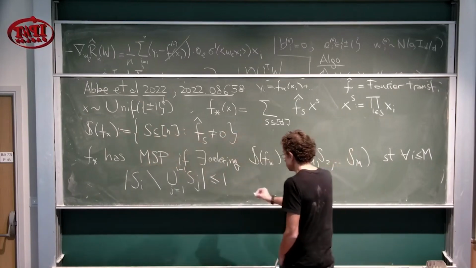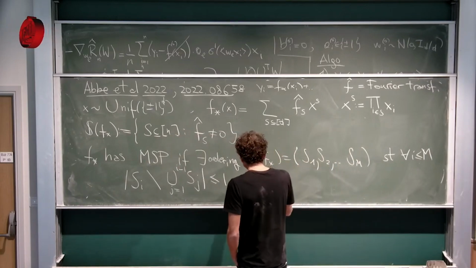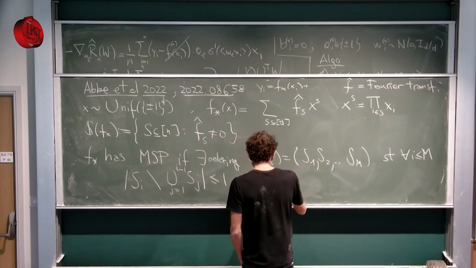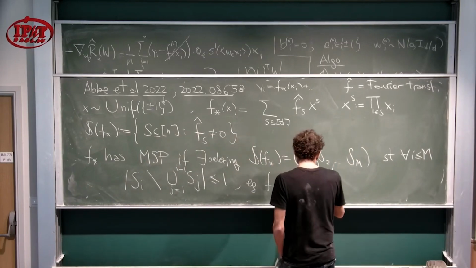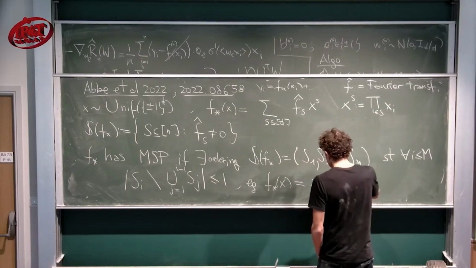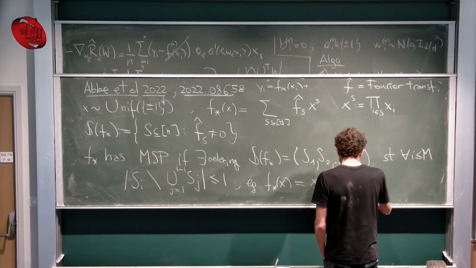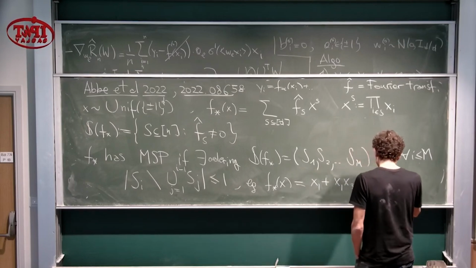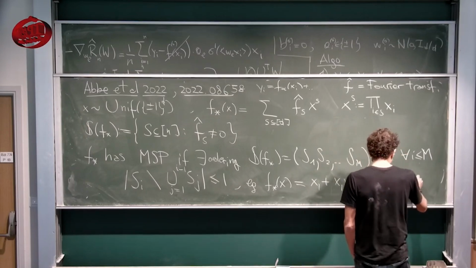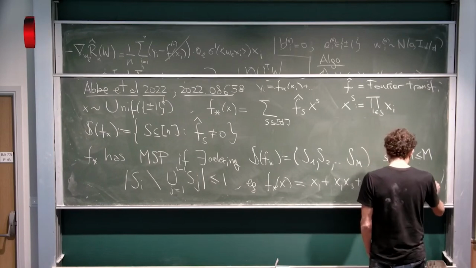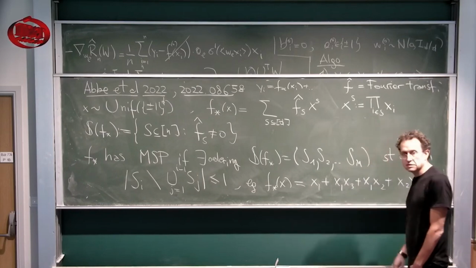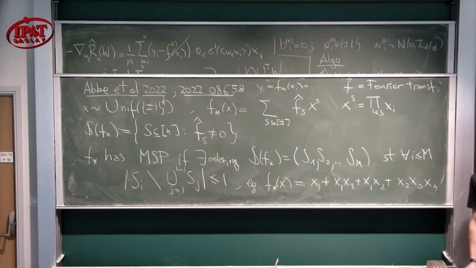Okay, so for instance, f star of x is 1 plus x1 plus x1 x2 plus x1 x2 x3. This is an example of a function that has the merged staircase property.